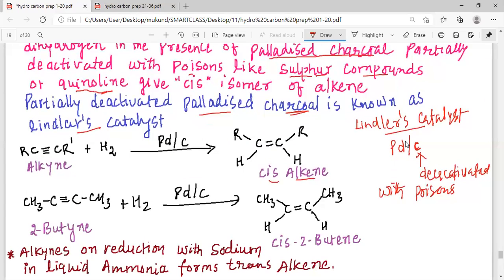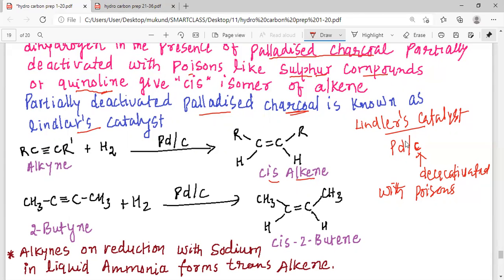Lindlar's catalyst is used to obtain the alkene from alkynes, and when we use it, we get the cis alkene. So here you can see in the chemical reaction that we have an alkyne, R-C triple bond C-R'.